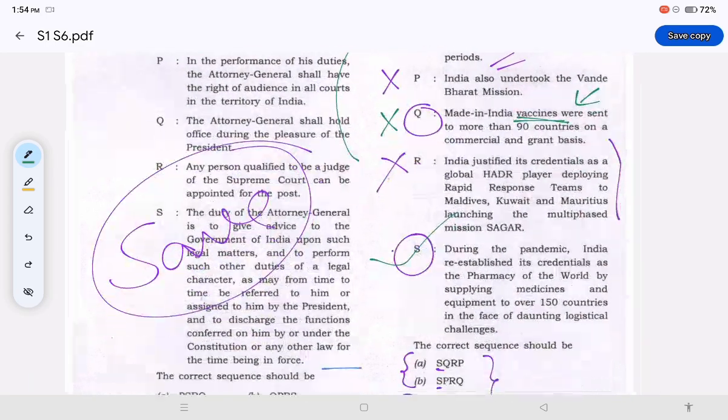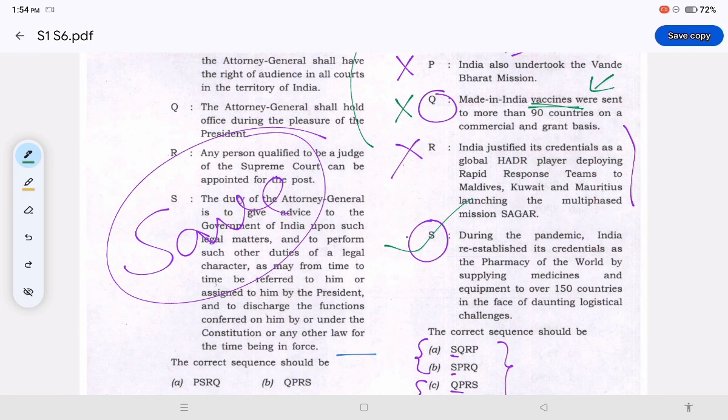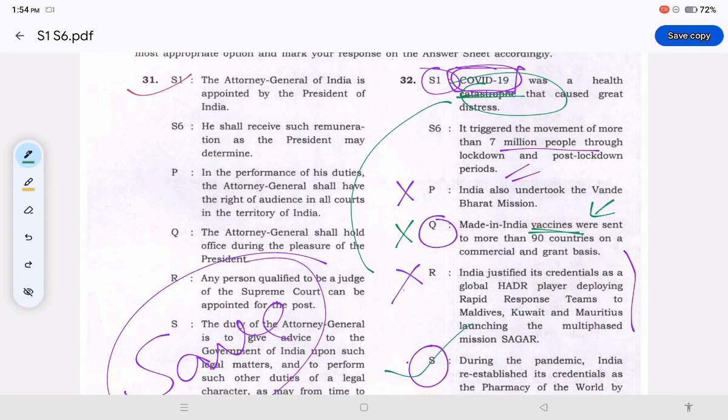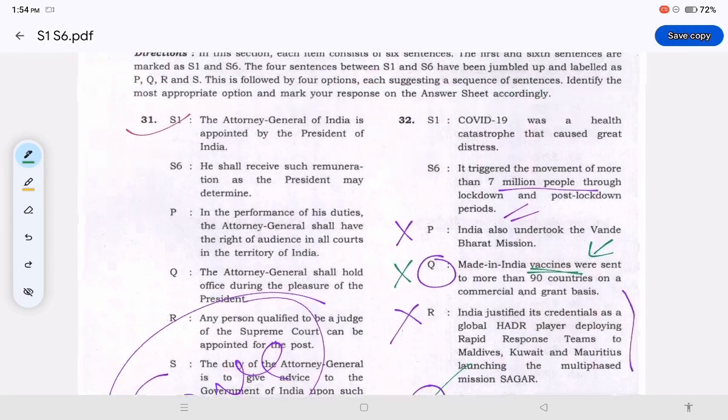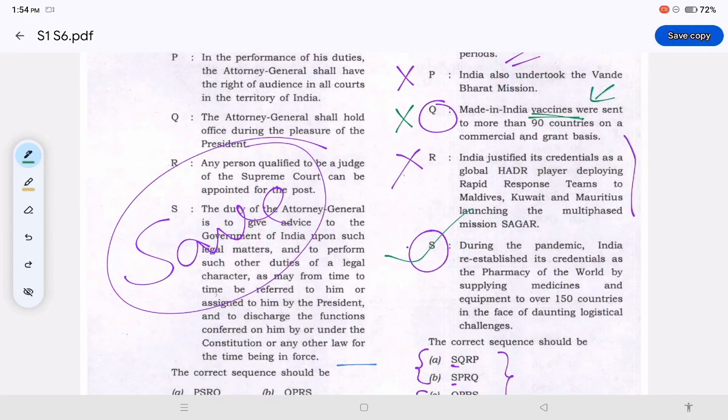Of course: during the pandemic, India re-established its credentials as the pharmacy of the world by supplying medicines and equipment to over 150 countries in the face of daunting logistical challenges. So you see, we just described COVID-19 as a health catastrophe, and then we come directly to during this pandemic. So during the time frame of the pandemic, we are elaborating.